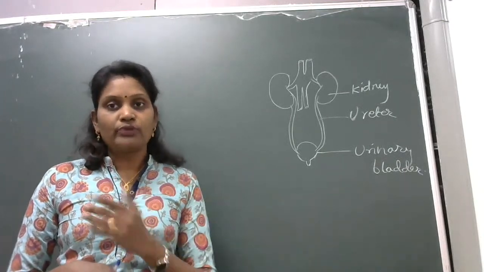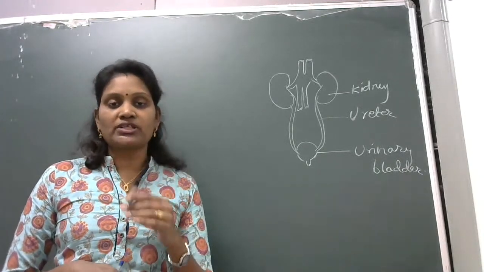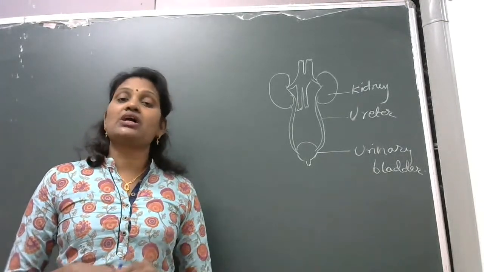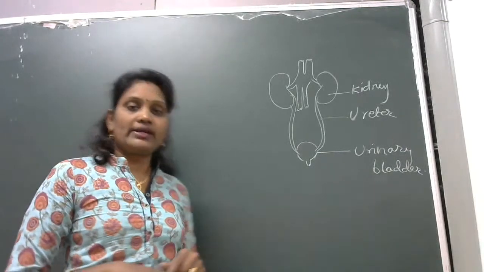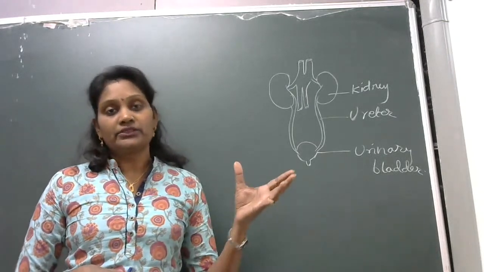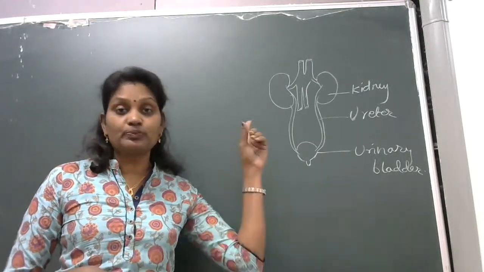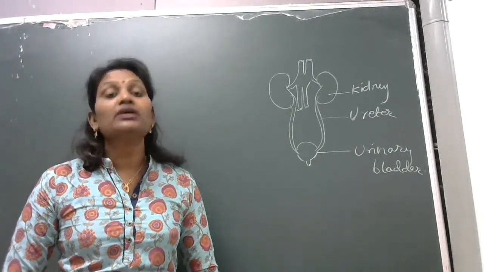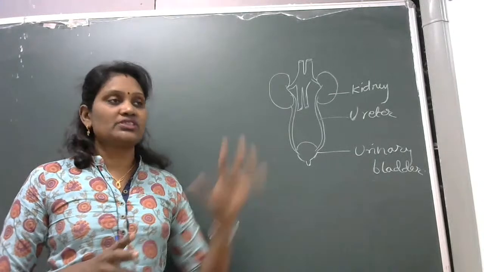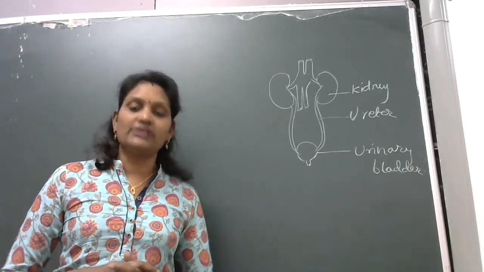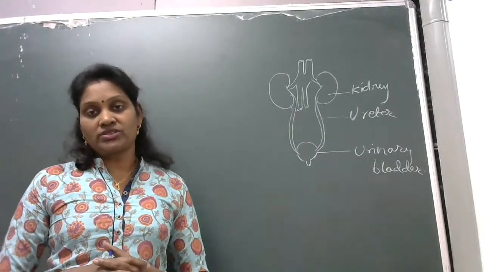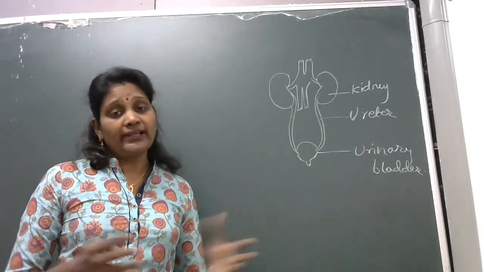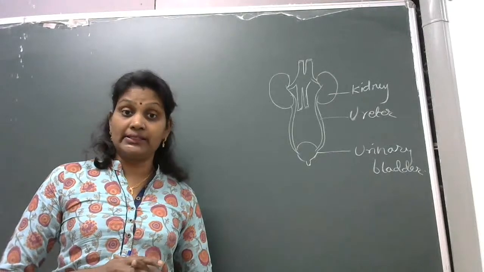This process, in which these waste materials or toxic substances are removed through these organs, is called the excretory system. The system helps in the removal of these toxic, harmful, or unwanted materials.